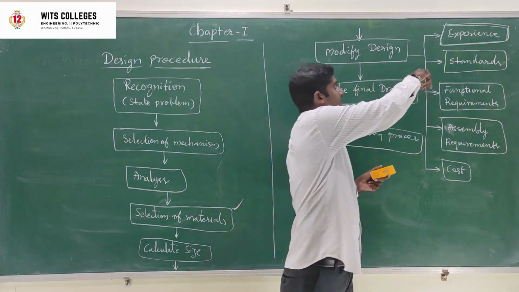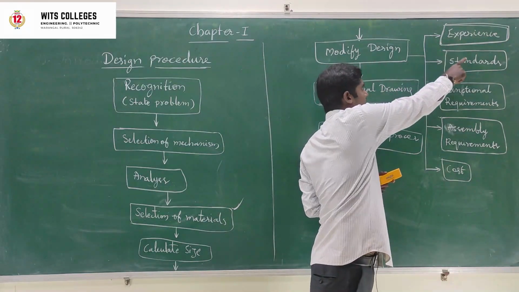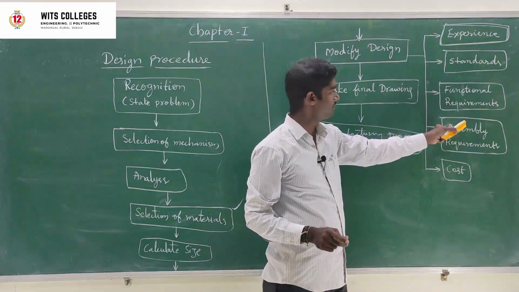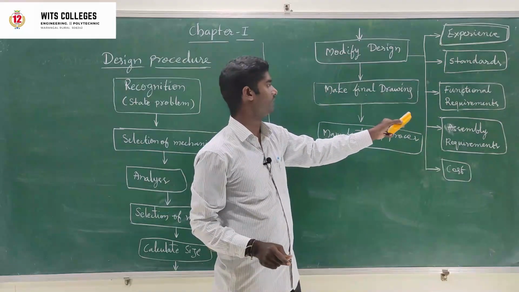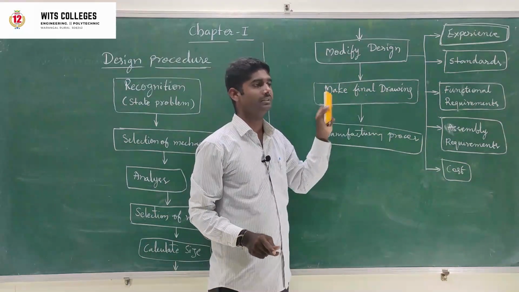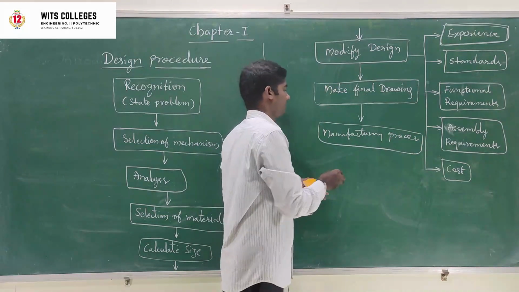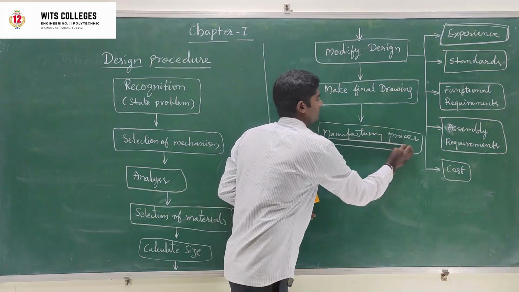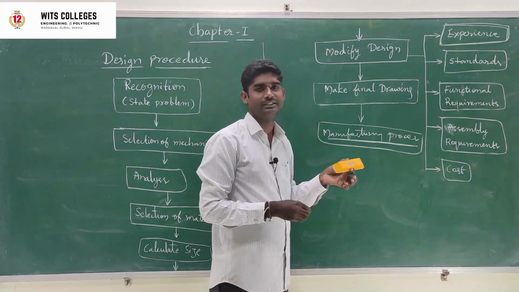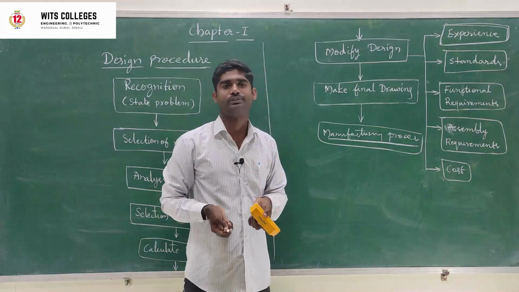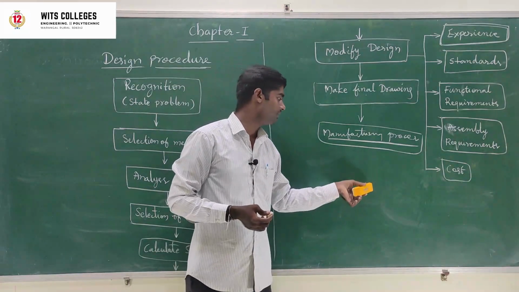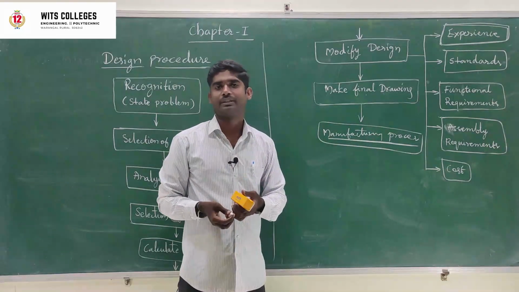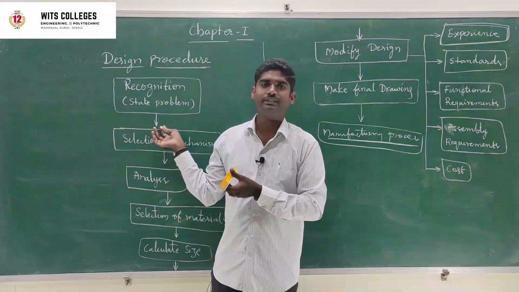In this one we consider experience, standards, functional requirements, assembly requirements, cost. All those things. Next, go for the final drawing. After that, we go for the manufacturing process. In this manufacturing process, there are so many processes and so many machines. After that, we go for the final product. Okay, this is the basic design procedure.